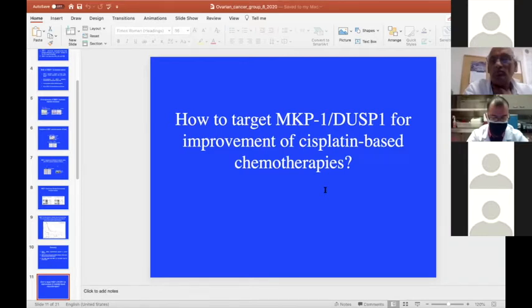Practically and technically it's pretty challenging. We do have a project where we try to develop a small molecule which can target DUSP1, although it's not very effective right now, and we try to improve that. But today I'm going to talk about how we can target it based on mechanism.